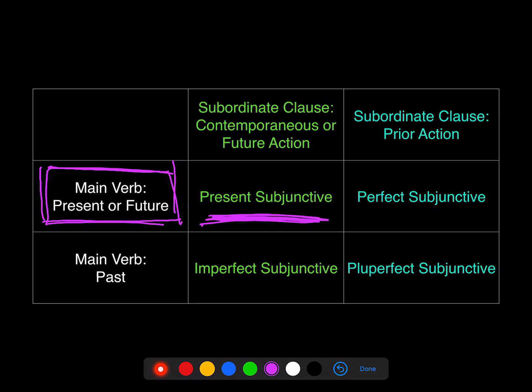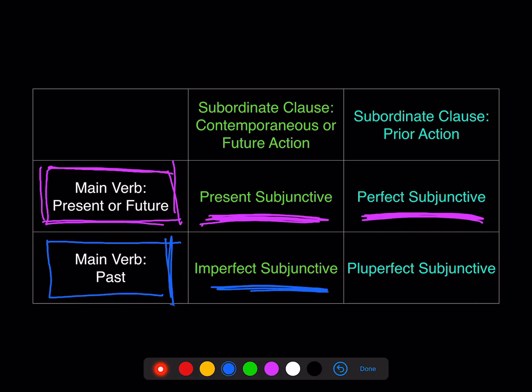If it was happening before the main verb, we're going to use a perfect subjunctive. If your main verb, though, is in a past tense, for contemporaneous or future action, we're going to use an imperfect subjunctive. For prior action, we're going to use a pluperfect subjunctive.